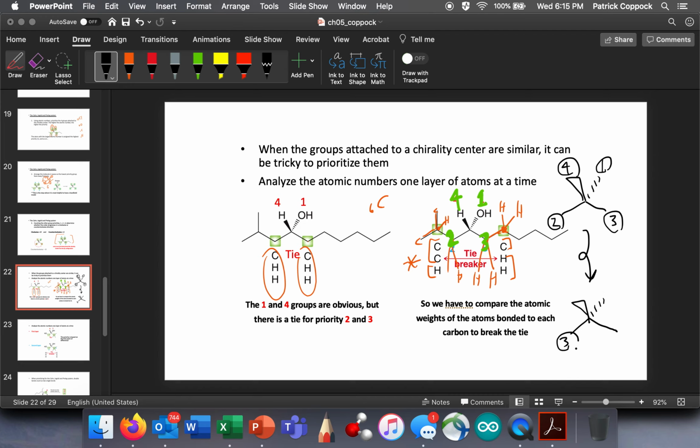My 3 is over here. My 2 is over here. Do you see what I did? Actually, I really turned it that way, right? And my 4 is over here because I wanted to get the 4 in back, right? Now that I've got the 4 in back, I do my arrow from 1, 2, 3. This is clockwise, and so therefore it's R. Wow. Oh, I love it.